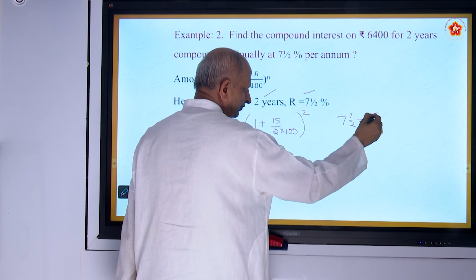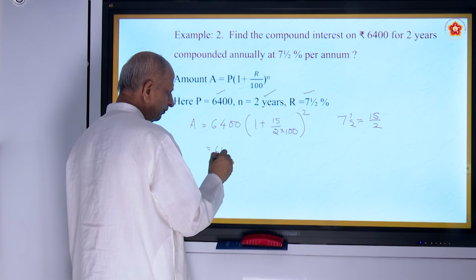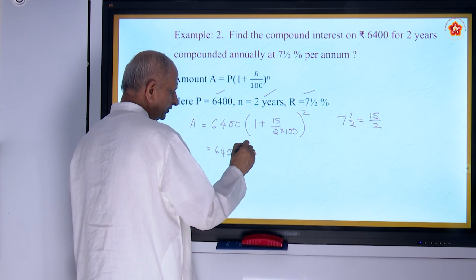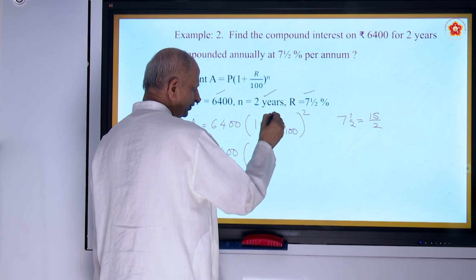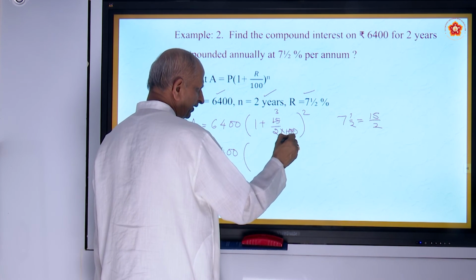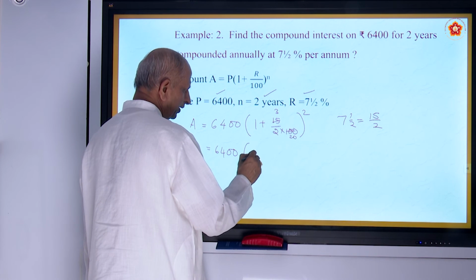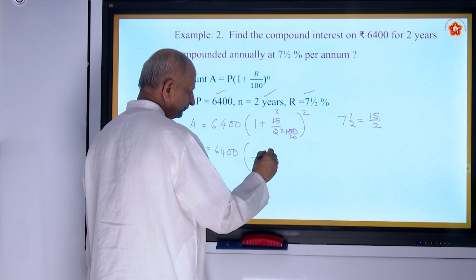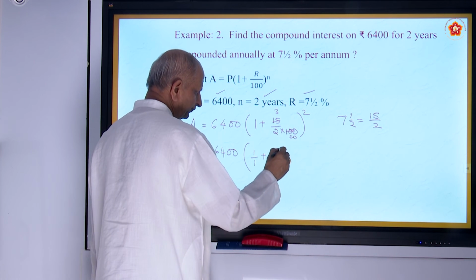Make it improper, 15 by 2. So you have 6,400 into, if you cancel this now, 5 3s are 15, 5 20s are 100. You have 1 plus 3 by 40, squared.